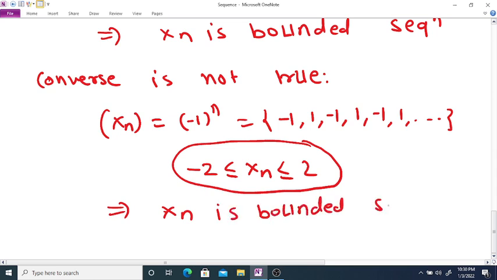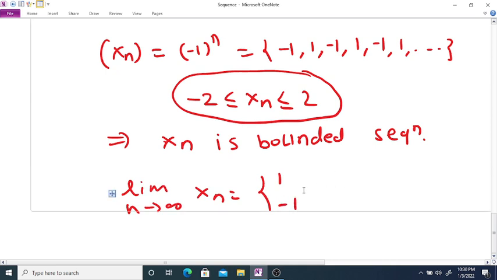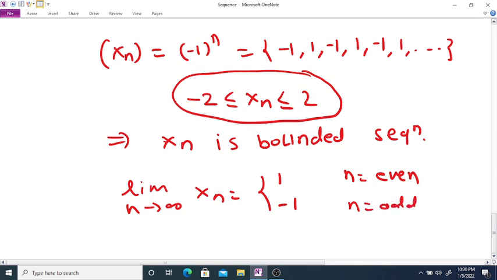But xn is not convergent, since the limit as n tends to infinity of xn is equal to 1 if n is even, and minus 1 if n is odd.